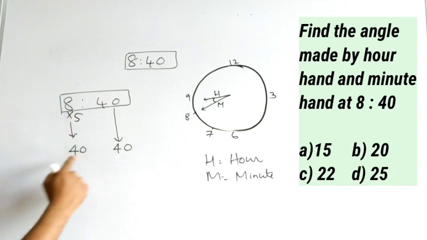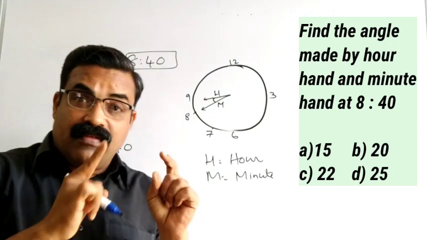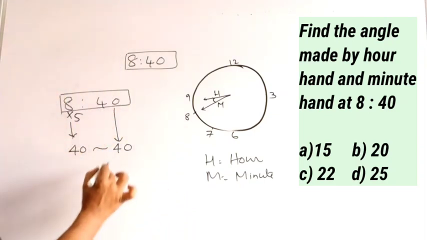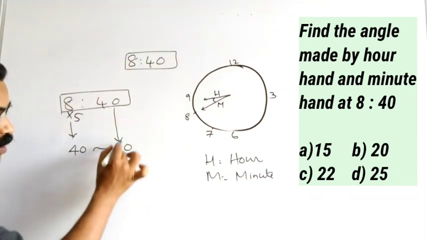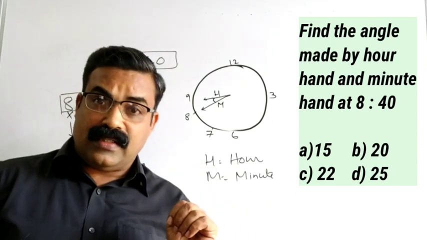These two numbers are the same, there is no difference, the same as the previous question. If there is no difference, just divide this by 2. So 40 by 2, you get the answer 20. Accordingly, you can mark the correct answer.